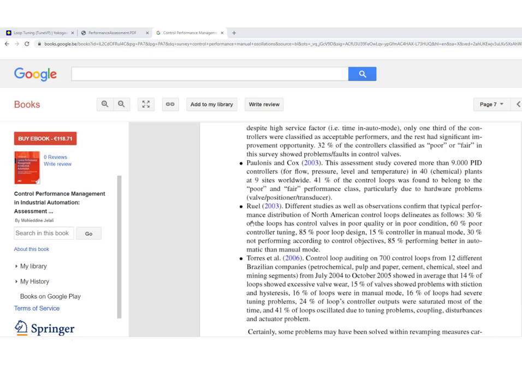Let us pick one out that studies the situation in North America. As you can see, well, 30% of the loops have control valves in poor condition, 60% have poor loop tuning, 85% have poor loop design, so problems with the control structure, 15% of the controllers are in manual mode, and 30% of the loops are not performing according to the control objectives.